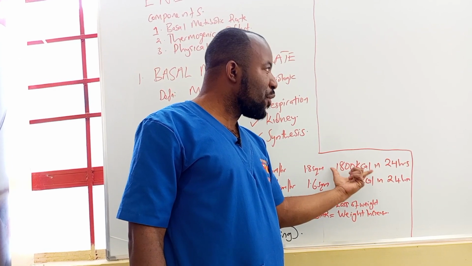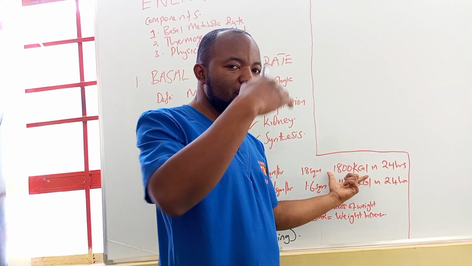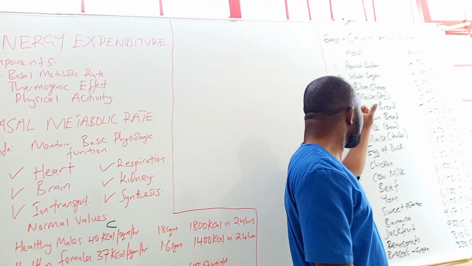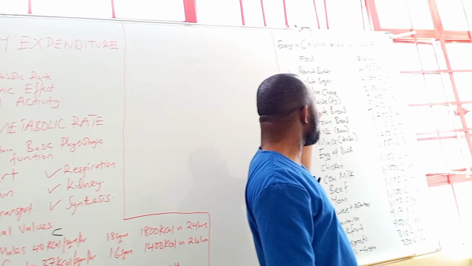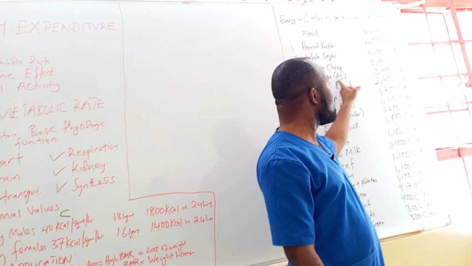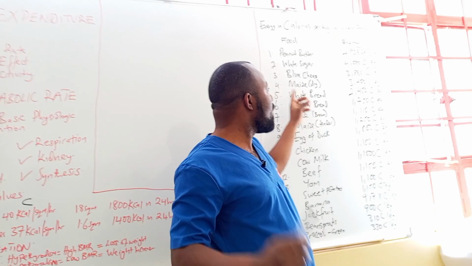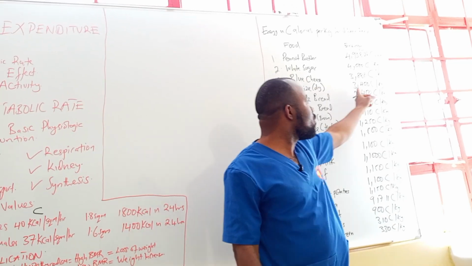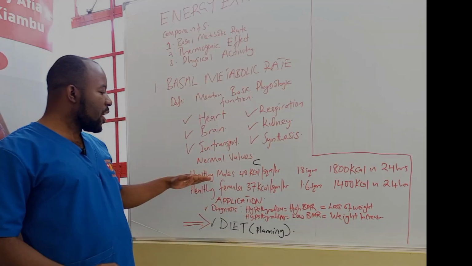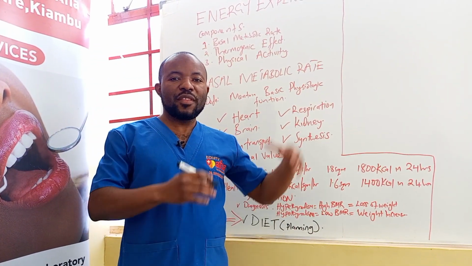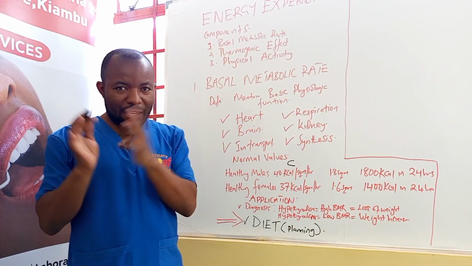This is very important to show you where we're going. If you eat ugali, 1 kilogram of maize in 24 hours will give you 3,400 kilocalories.